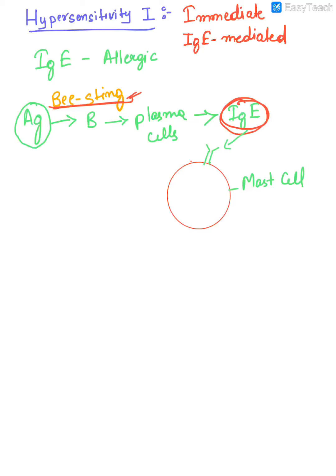This entire process can also be called antigen sensitization. Why? Because we did not know that the bee sting will cause allergy. That's why, because of the bee sting, this antigen caused sensitization of the immunoglobulin E, and this was for the first contact. So this can also be called the first contact.